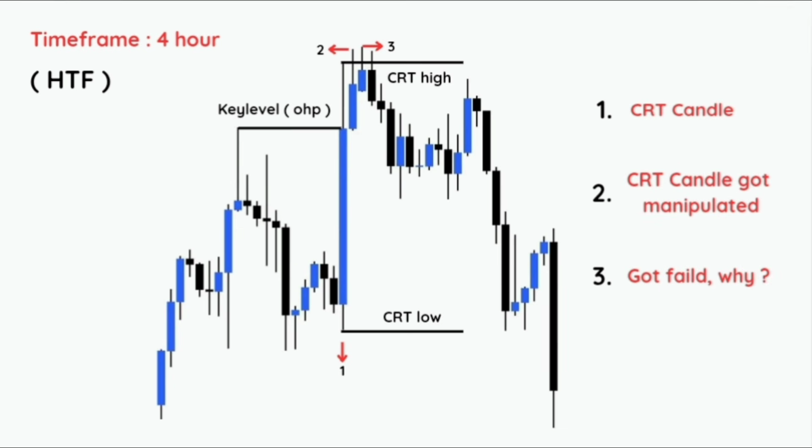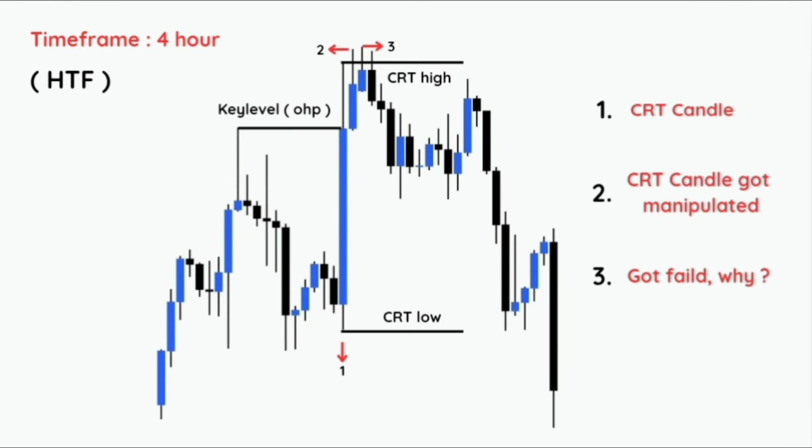Now, let us see it with this chart example, so you will clearly understand why TBS is higher probability than TWS.